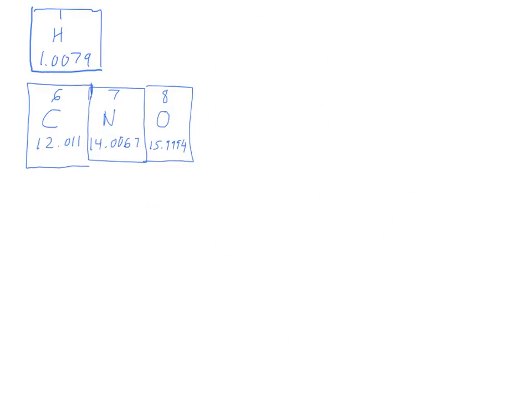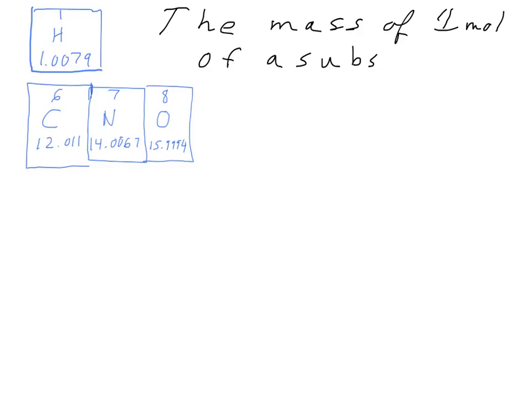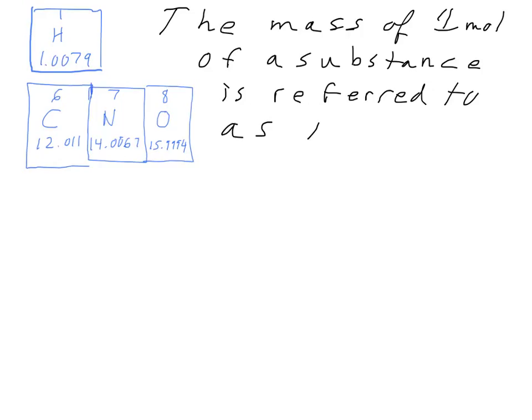Couple new definitions now. The mass of 1 mole of a substance is referred to, correct the spelling of referred on your own paper, is referred to as the molar mass of the substance.